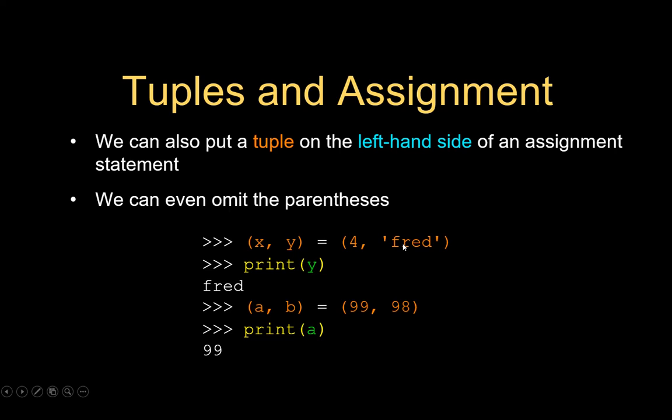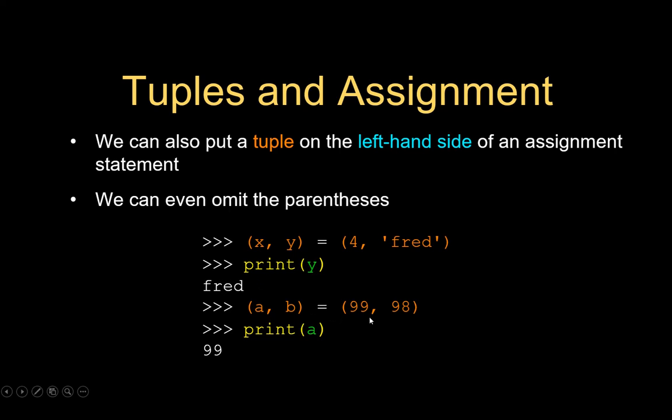Because we have 2 items on the other side of the assignment, we can have 2 variables also, and when we print any of those variables, we get the corresponding counterpart of that item in the tuple. So in this case, y corresponds to Fred, and we get Fred when we print it.